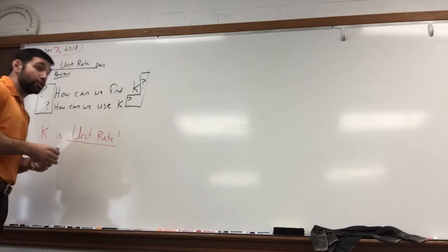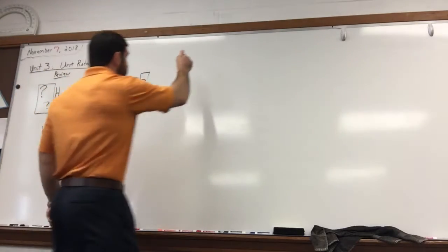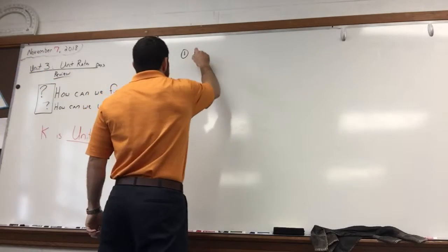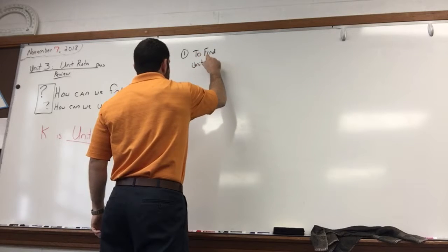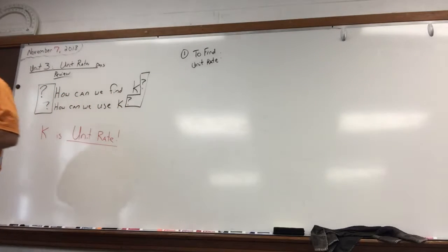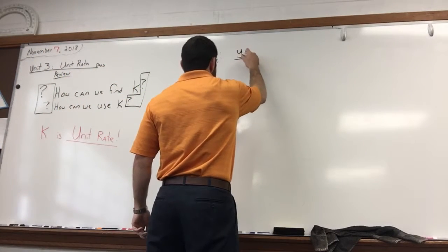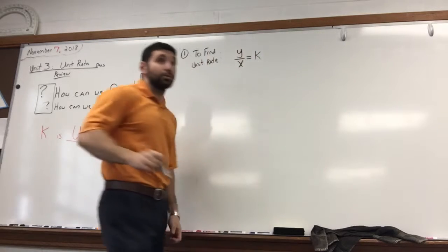Now, you must copy this down. So here's our first step. Always, always, always, always, we are going to find unit rate. To find unit rate, which we know is which letter? K. We are going to divide y divided by x equals k.